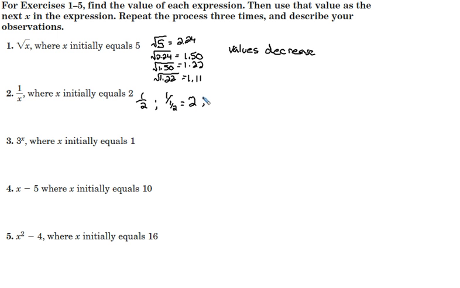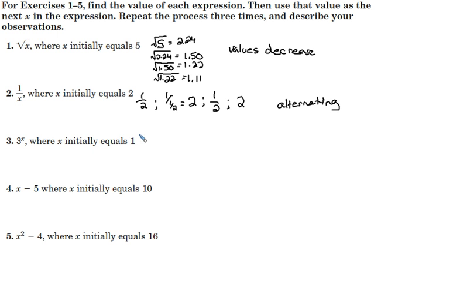And then we're back to 2. Plug that into 1 over x, we get 1 over 2. And then once again, one more time, 1 over 1/2, we'll get a value of 2. So for these 4 iterations, the values are just alternating between 1/2 and 2.